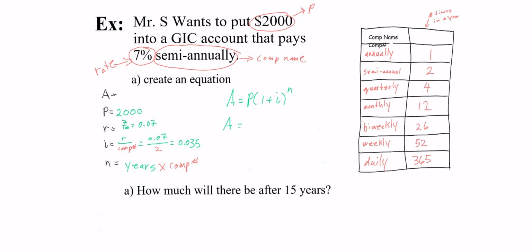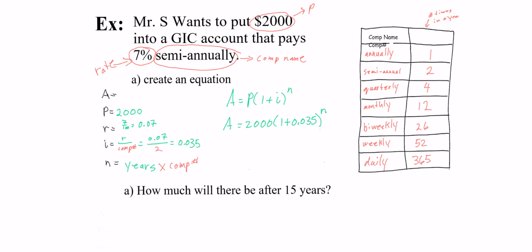Well, we don't know what A is, so we're going to leave A. We have P is 2,000. We have 1 plus i, which is, in this case, for this specific problem, comes out nicely for a decimal, so we'll just write 0.035. Raised to the n, and I'm going to leave n normally because right now I don't know what n is.